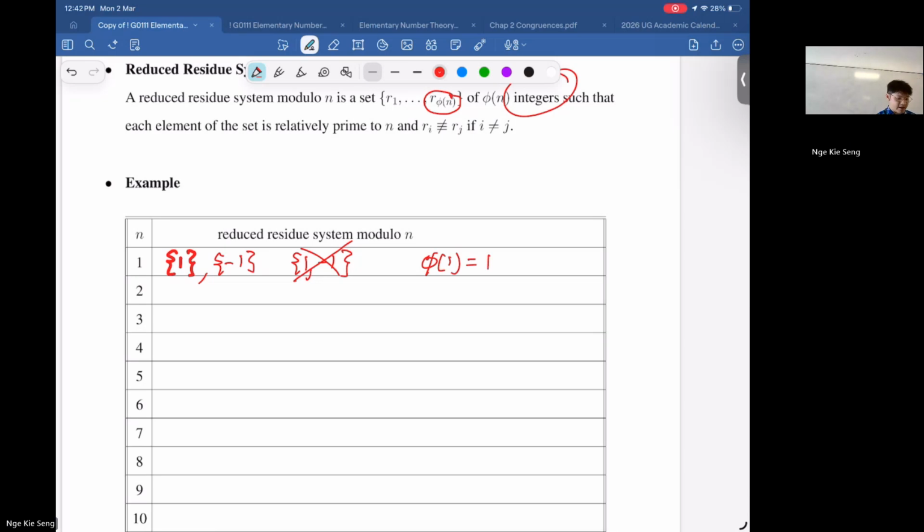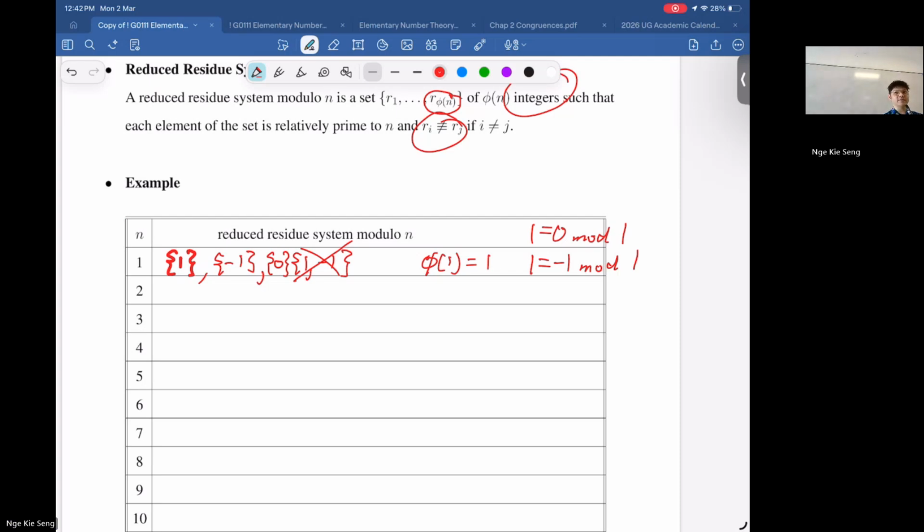But why can we not do this? Because 1 and -1 are the same mod 1, so we need to make sure they are not the same. Make sense? In fact, I can choose another one. I can choose 0, because 1 is 0 mod 1.